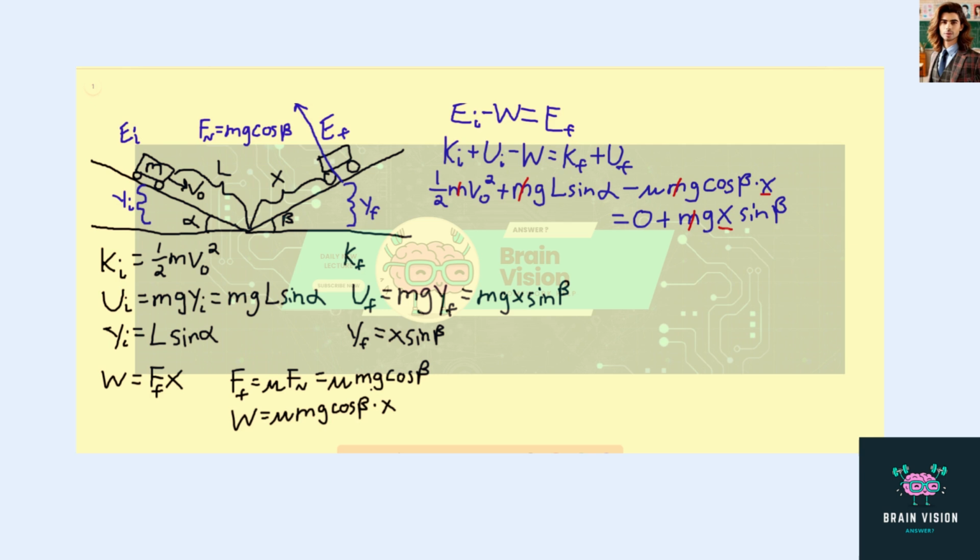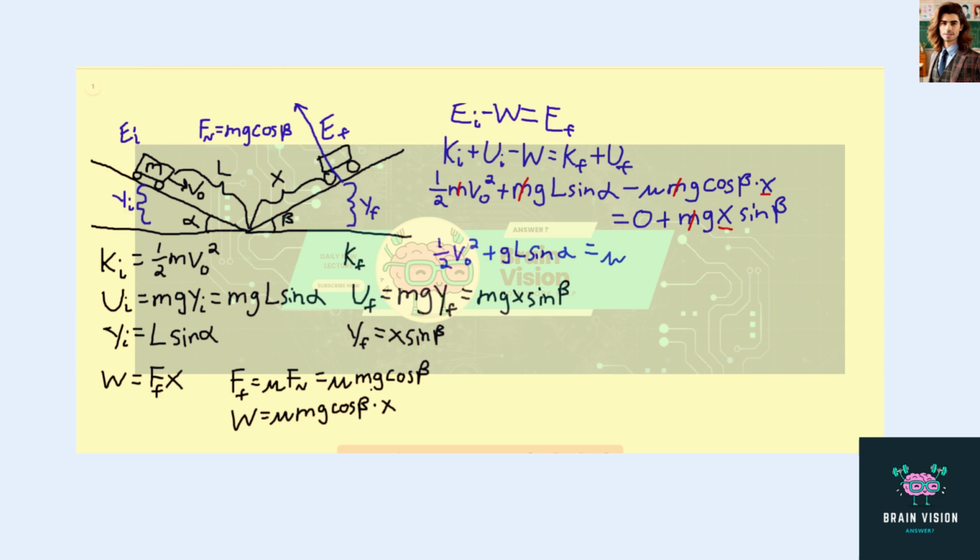So then I can rewrite the expression as simply being 1/2 v naught squared plus g times L sine of alpha. And I'm going to move the work term over to the other side since I want to isolate x by itself.